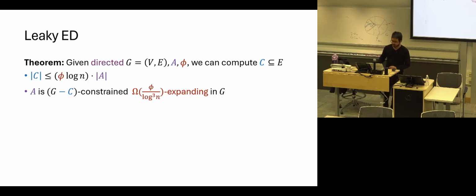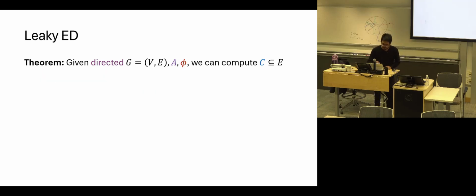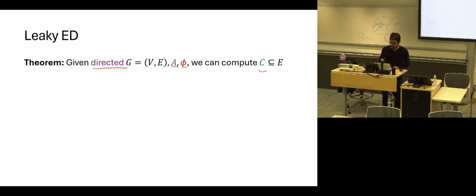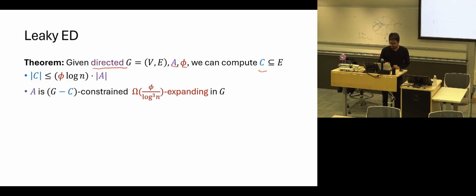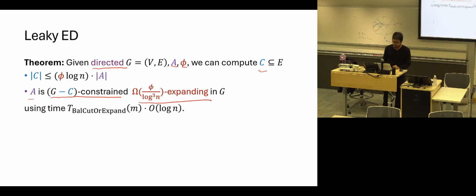Let's recall what we want to do. Given a directed graph G and phi, I'm going to compute a cut C such that the size of the cut is phi log n times A, and A is G minus C, which is phi over log cubed expanding in G. The algorithm will take the time for this balanced cut or giant expanding set subroutine times log m times log n.